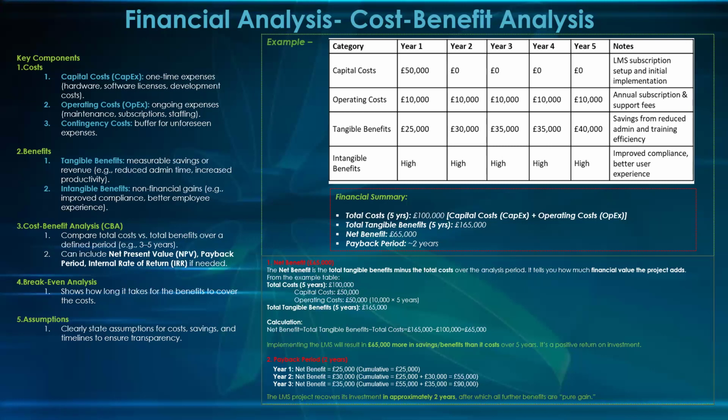Calm down. Hold on. Now, this is 5 years. This is your operating cost for 5 years. For 5 years, this is what you earn, which is the 165, right? If you minus it from the total cost, which is capital cost and operating cost, you have 65.